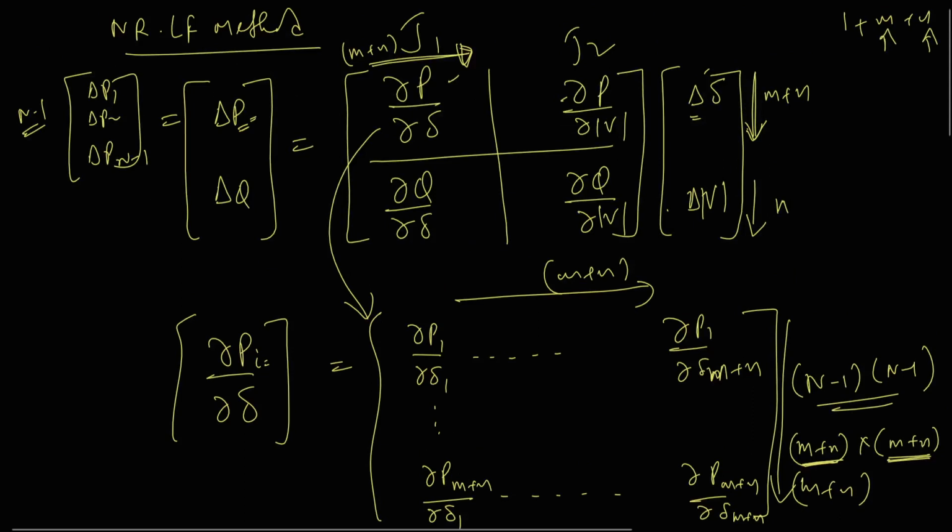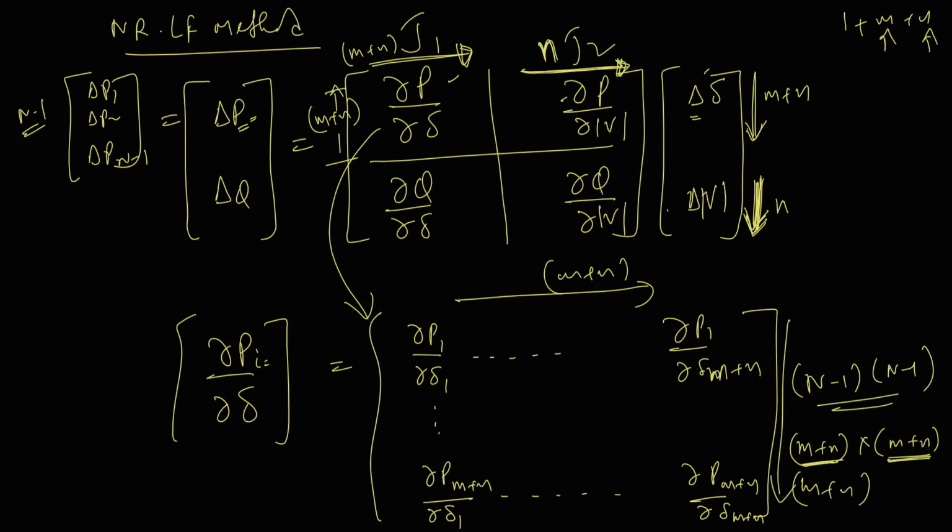The number of columns here equals n, n v's, and the number of rows is m plus n.